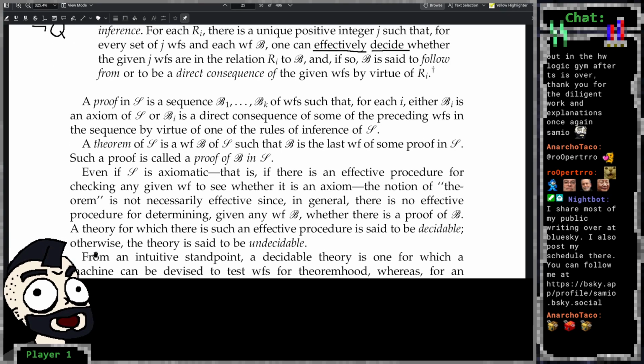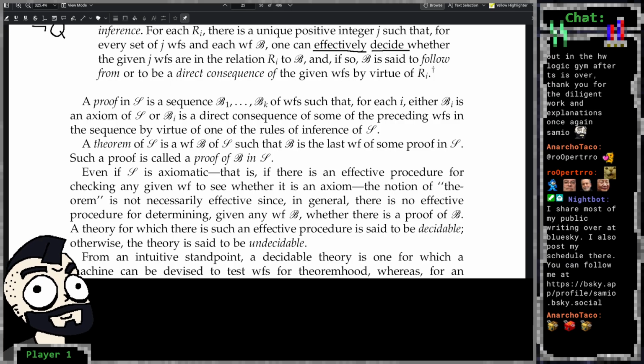If we can provide a set of rules that transforms a set of well-formed formulas into another, if every transformation is done through one of those rules, then we have that the end result is a direct consequence of the given well-formed formulas by virtue of those rules.